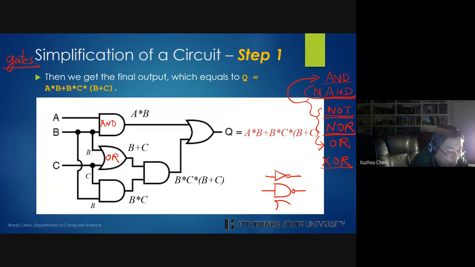And also the NOR gate, I'm sorry, that's the NAND gate. And that's NOT.